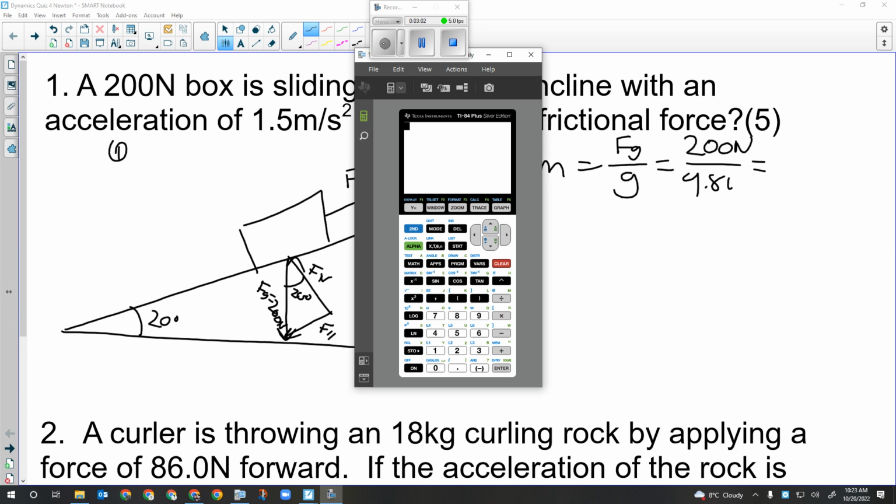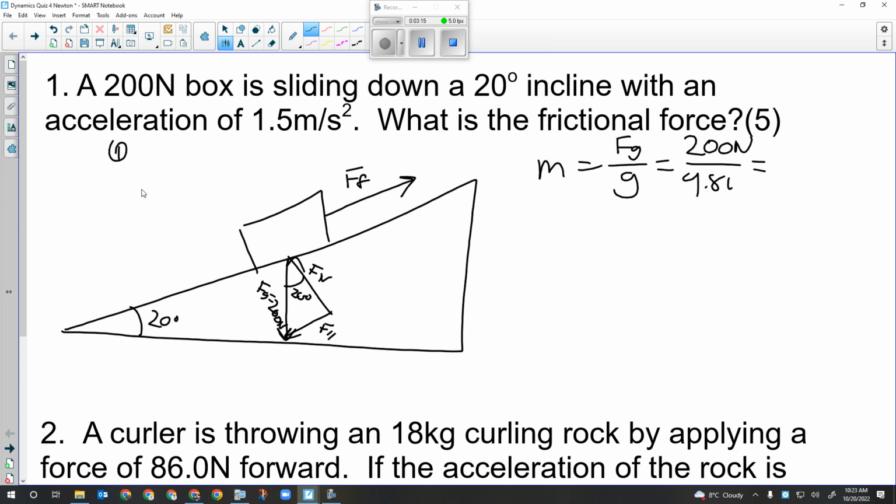So 20.39 kilograms, which I can also put inside the box.